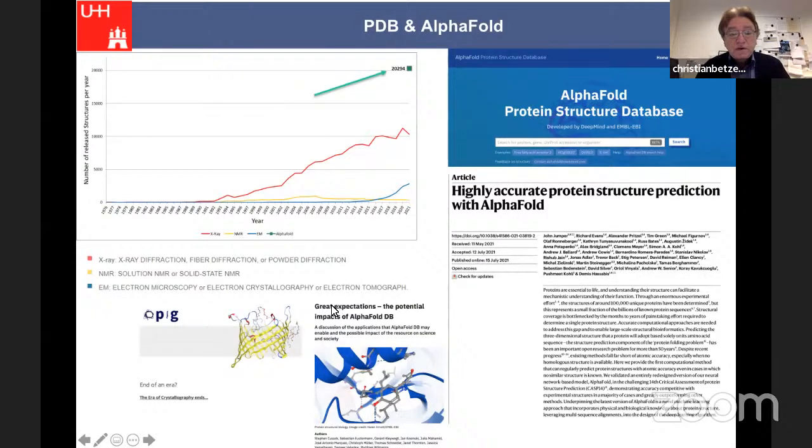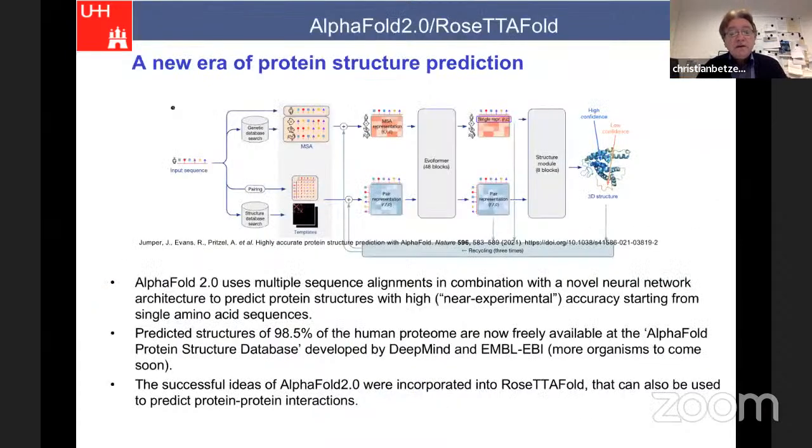So you see associated articles here, great expectations, and one, for example, says the area of crystallography ends. And I made this picture here. So this is changing structural biology tremendously.